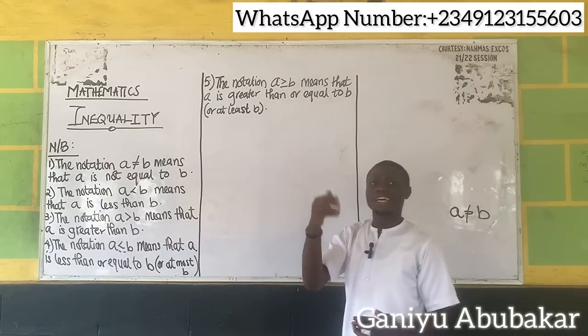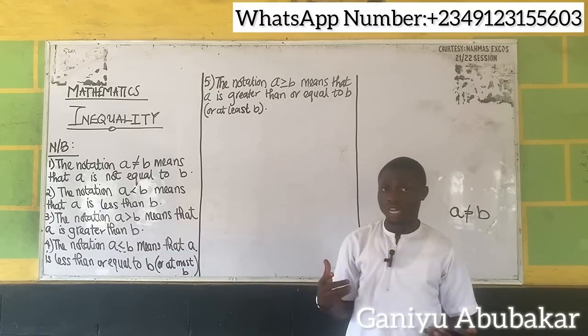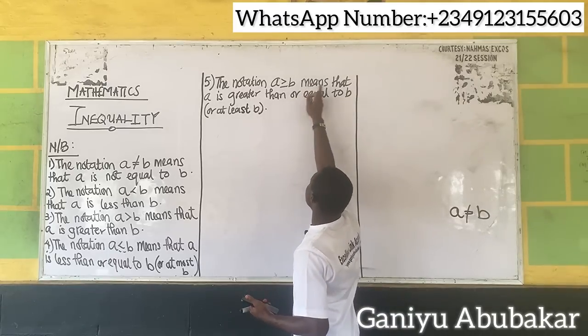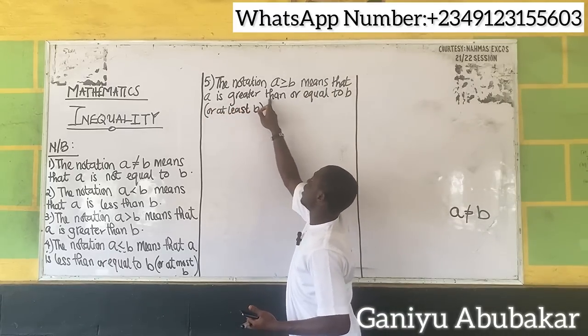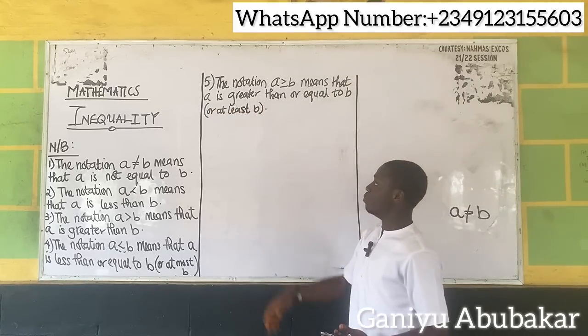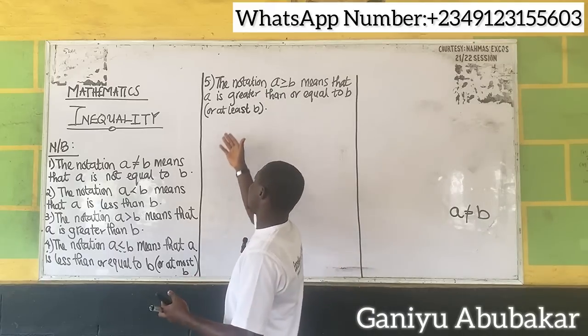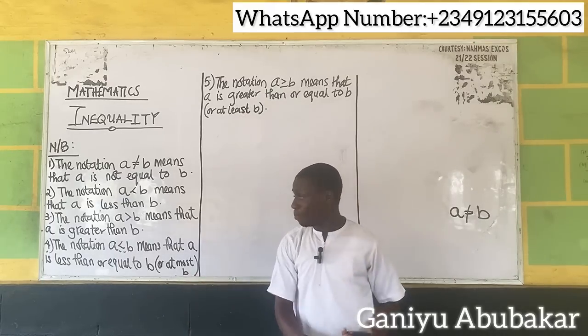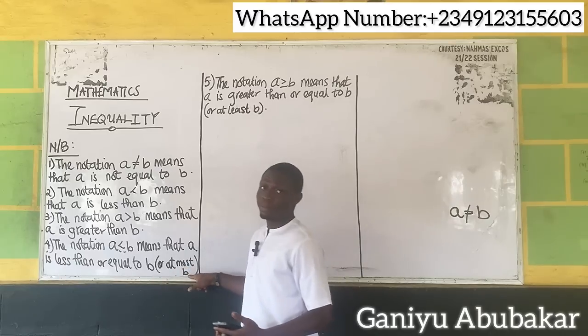It means greater than or equal to. So it means that A is greater than or equal to B, or you call it at least B. This one is called at most B.